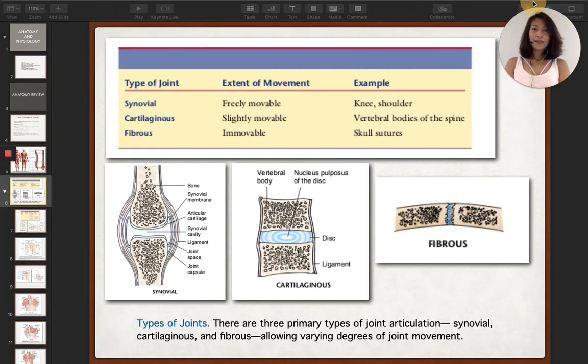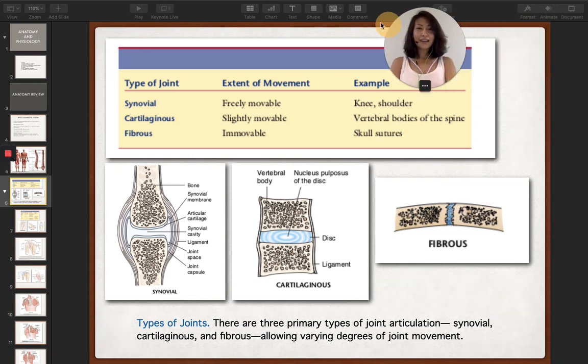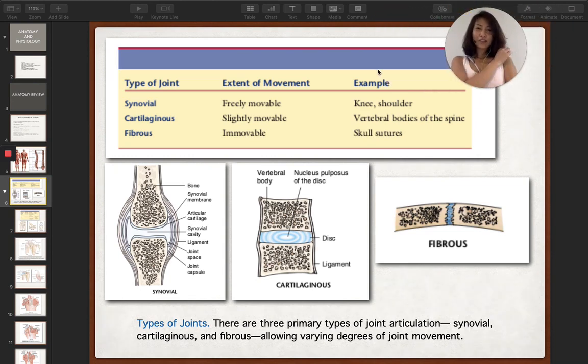Okay, so a synovial joint is a joint that connects two bones together like this. Yes, so it gives you free movement. Where could you find these joints? Right, at the knees, and where else? At the shoulders. So here, synovial joints at the knees and the shoulders.